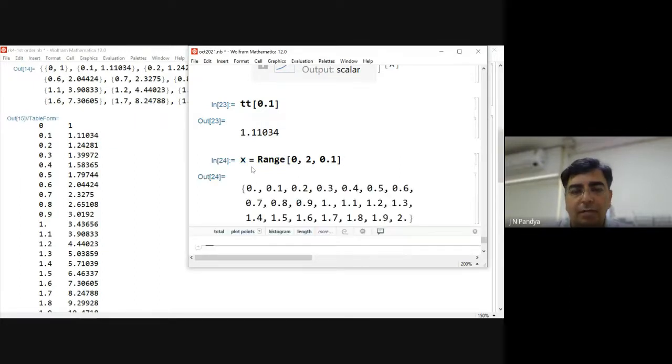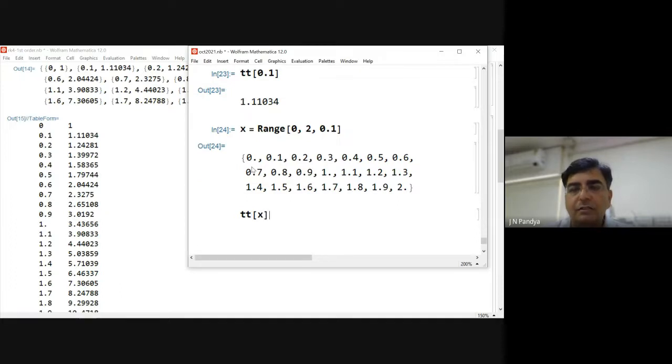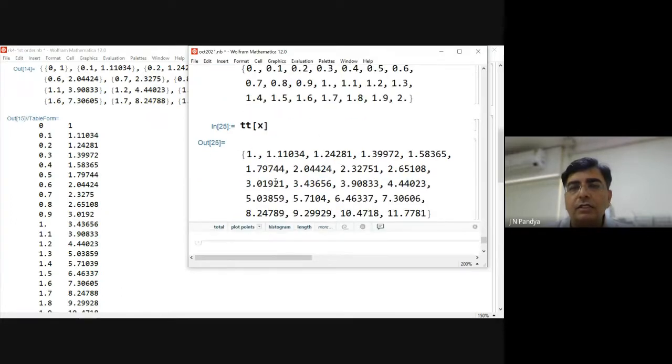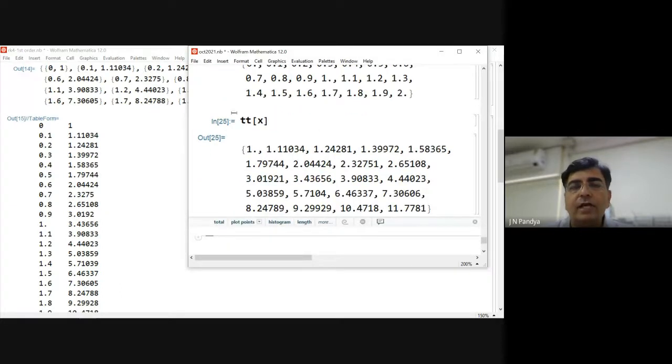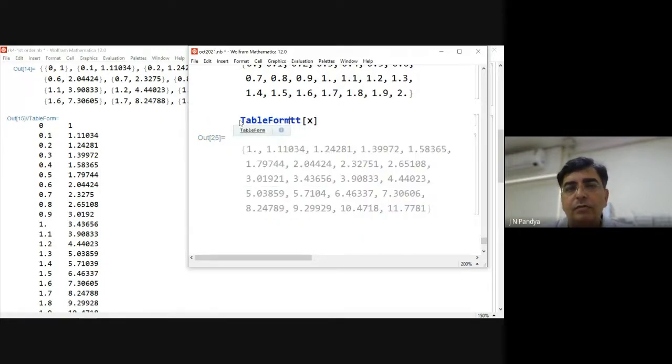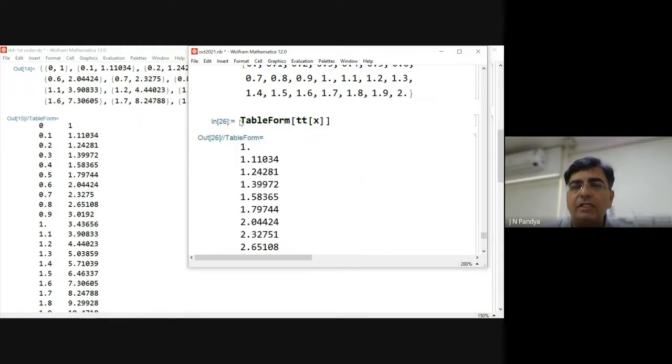And I am asking for TT of x. You can see here TT of x. If I want, I can write it in table form. If it is in table form and one column only, then it will be just a column.